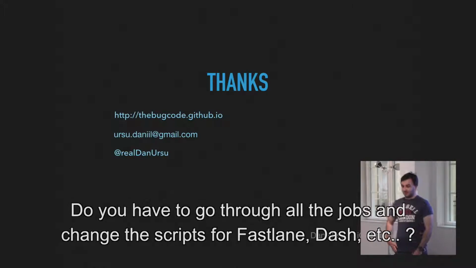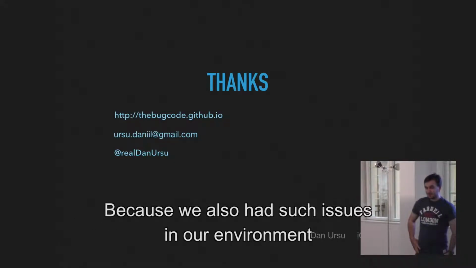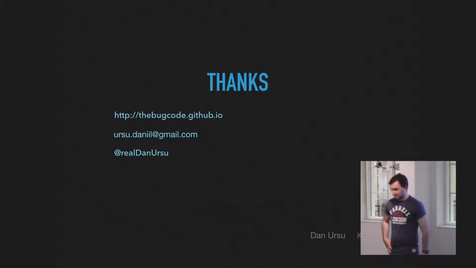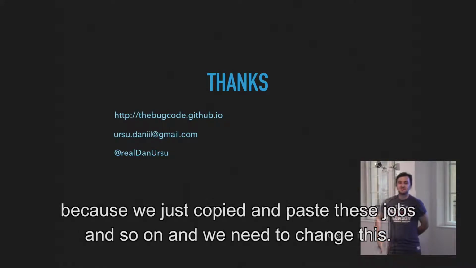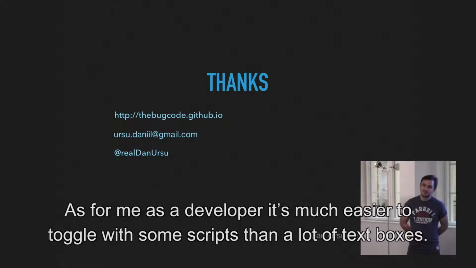We also had such issues in our environment, because we just copy paste these jobs and so on, and we need to change this. As for me, as a developer, it's much easier to tackle scripts rather than a lot of text boxes. Yeah, right.